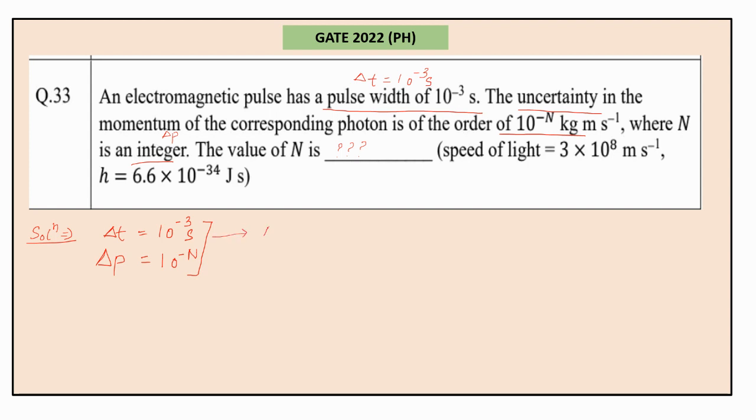One is delta E into delta T is equals to h upon 4 pi, and the other one is very famous one, delta P delta x is equals to h upon 4 pi, right?